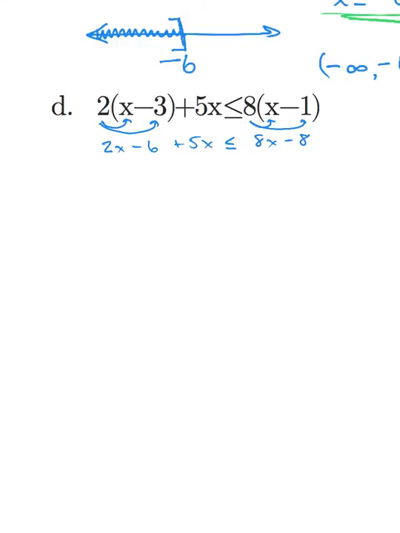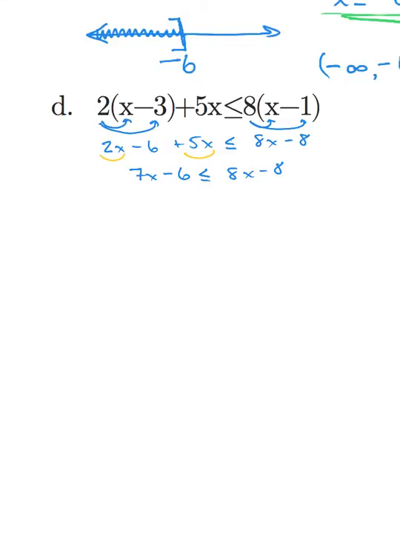We can combine like terms on the left side. 2x and 5x combine to give us 7x minus 6 is less than or equal to 8x minus 8.